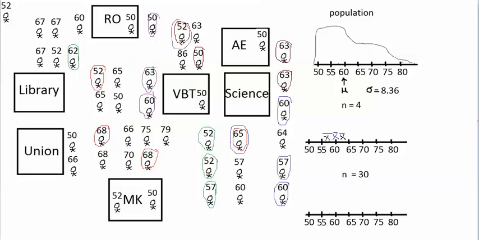So even this would be a different possible sample of 4 people. What I did is I circled the 3 people in the orange circles, and then selected a different person here.